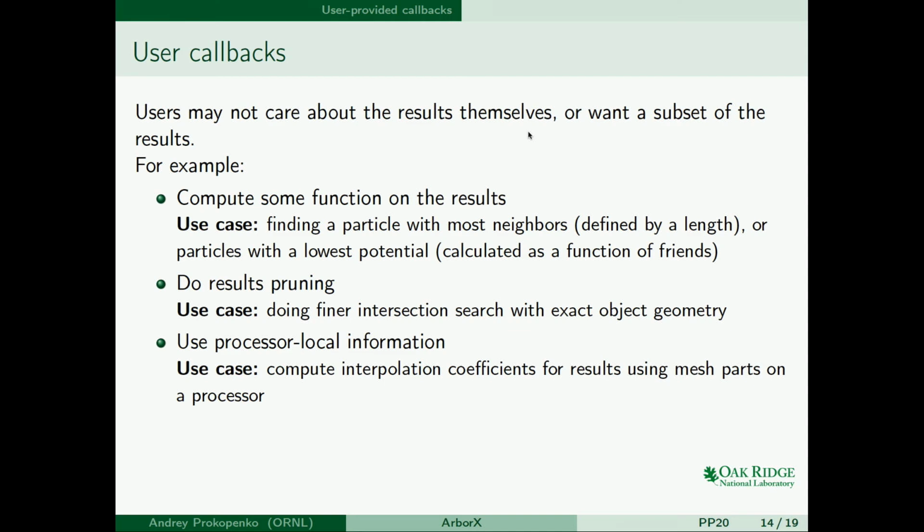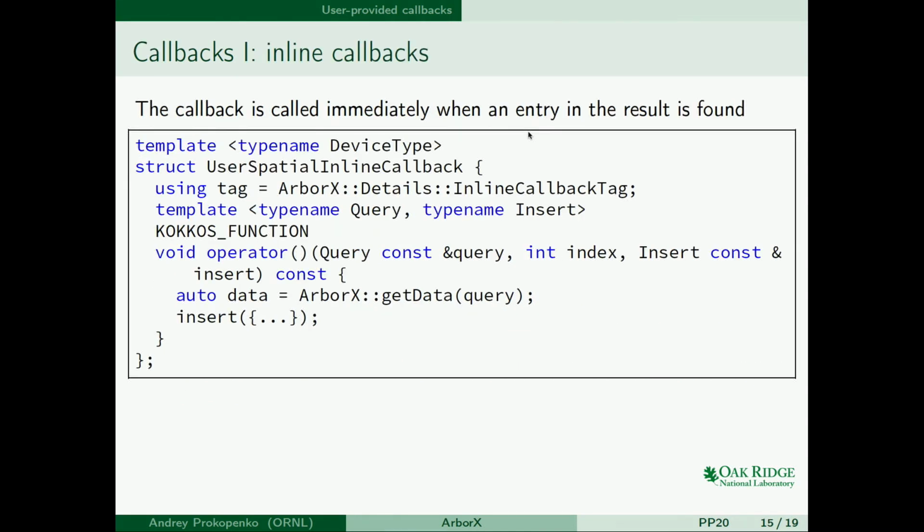And our way of doing that is to provide 2 types of user callbacks. The first callback is when you traverse the tree and you want to actually insert the result into the final output. We provide a function for the user to override, where the user may specify, first of all, what it wants to insert, and second, whether the user wants to insert at all.